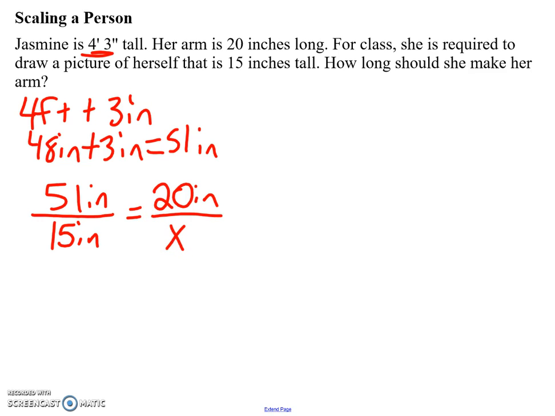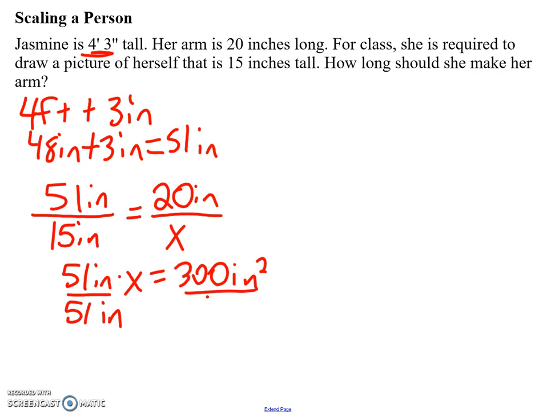So here I have that 51 inches times x will equal 300 square inches, and I divide both sides by the 51 inches, and here my inches cancels one of the squares, and then 300 divided by 51 is going to give me approximately 5.88 inches for the length of her arm. So just under 6 inches for the length of her arm in her picture.